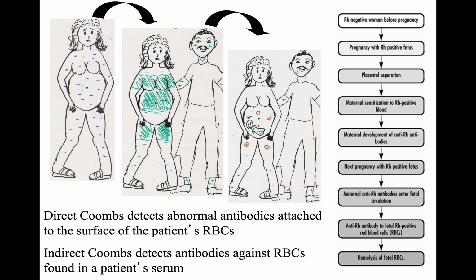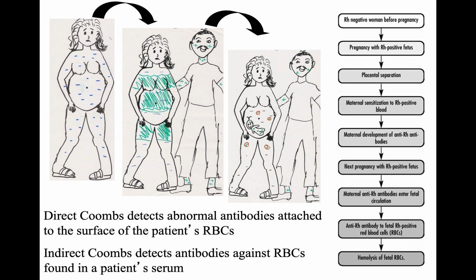Type AB positive is the universal acceptor. Why? It has both A and B antigens on the red blood cell, so it won't produce antibodies against it to destroy it. So again, O positive has no antigens on the red blood cell, but it has both anti-A and anti-B antibodies in the plasma.